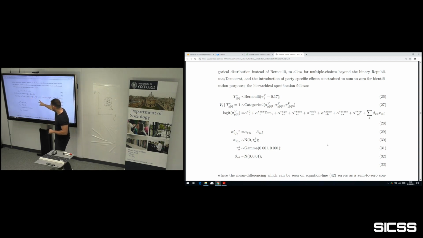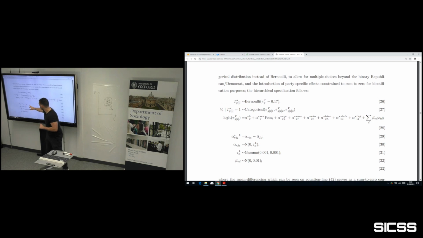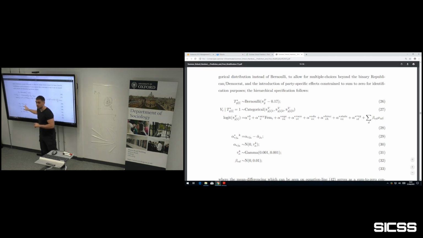And the other funky stuff that's happening is that, as you can see, the effects now all have this index nu, which is representing the vote choice. So you're going to estimate a state effect for each vote choice: a state effect for the Democrats, a state effect for the Republicans, a state effect for the others. And the other funky stuff is that there is this identification constraint, a sum to zero constraint.